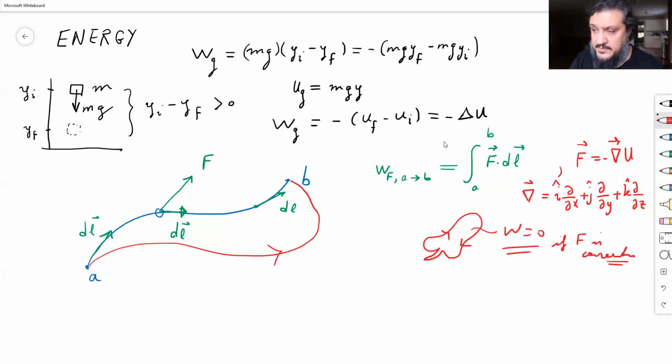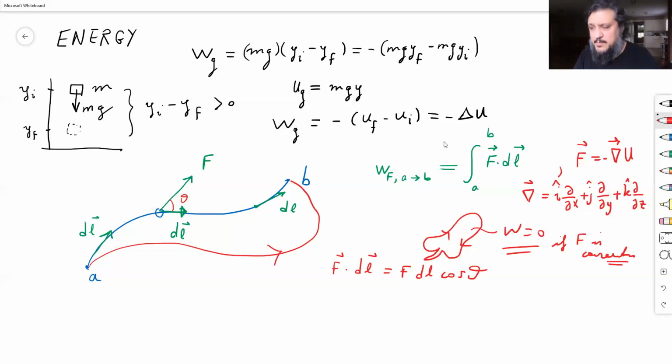It all comes down to this dot product, which is actually, if you consider the angle here, call it theta, then F dot dl will be F dl cosine theta, right?